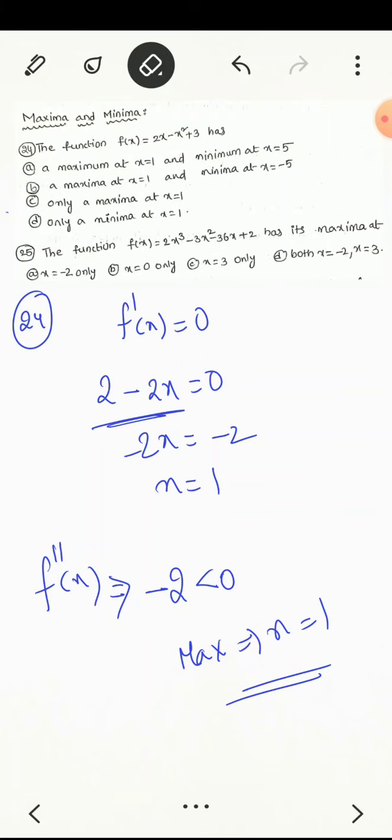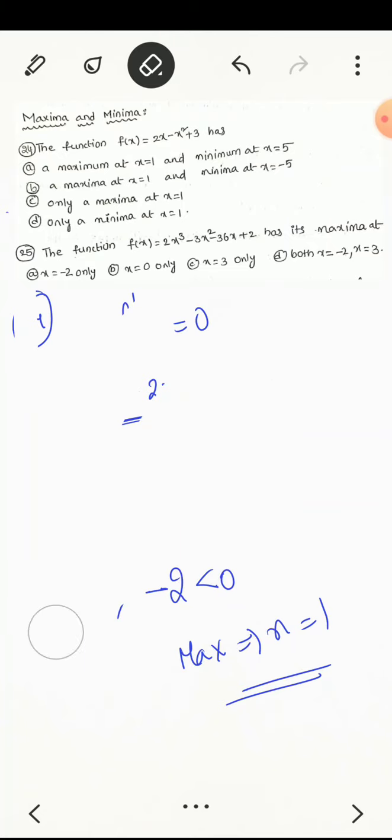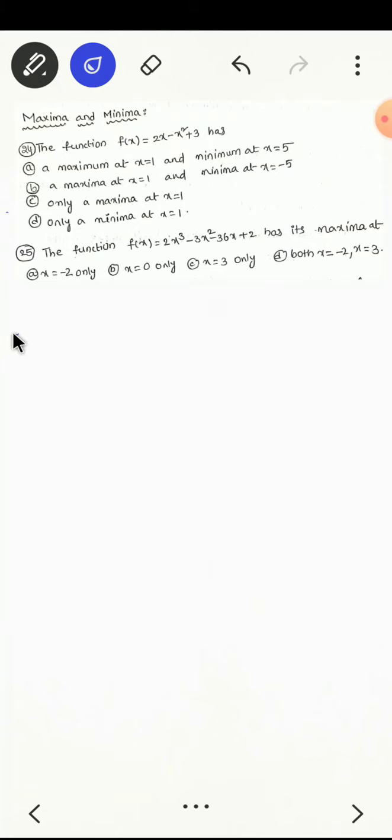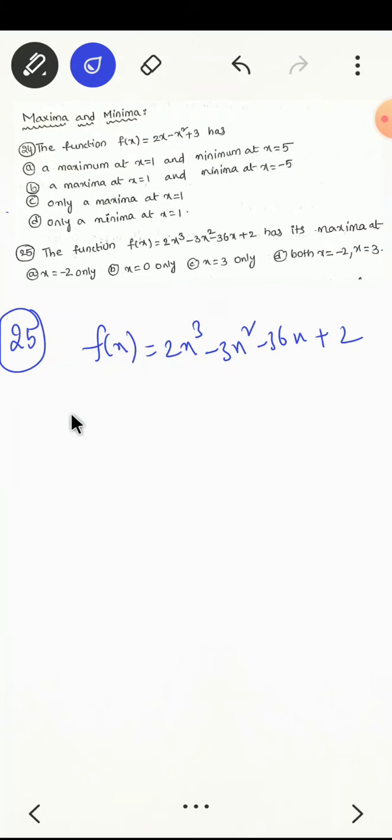Then the second question: the function f of x has its maxima at. They are asking where this function will have its maximum value. So let us solve problem number 25. f of x is equal to 2x cube minus 3x square minus 36x plus 2, and it has its maximum at where?